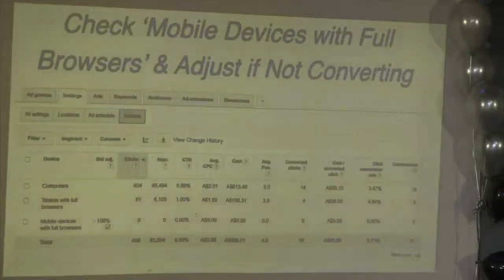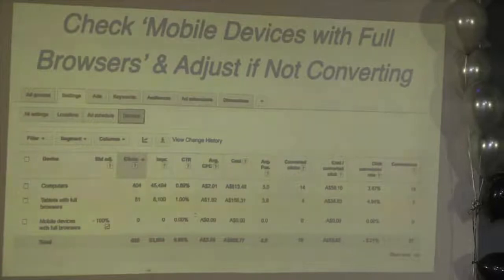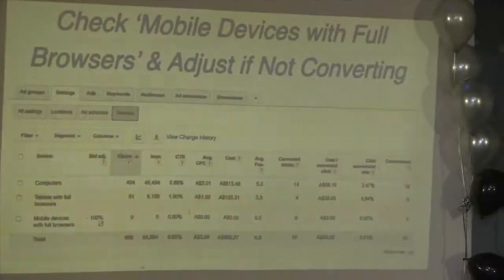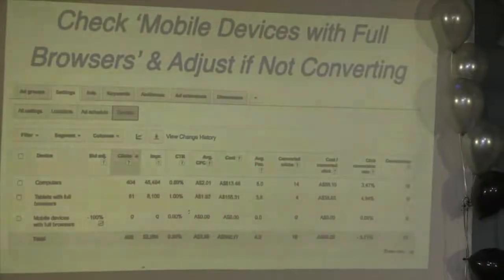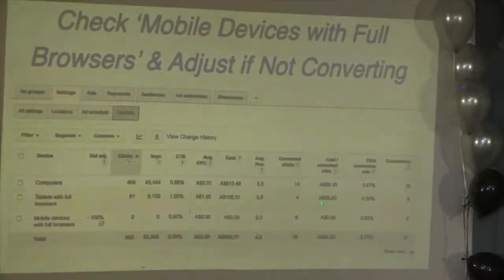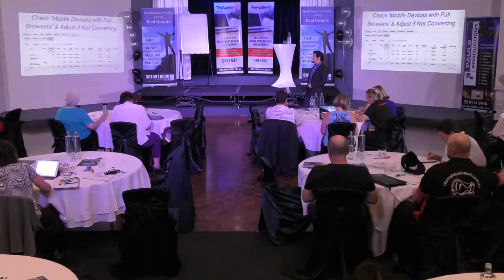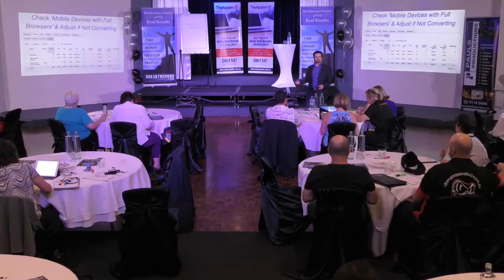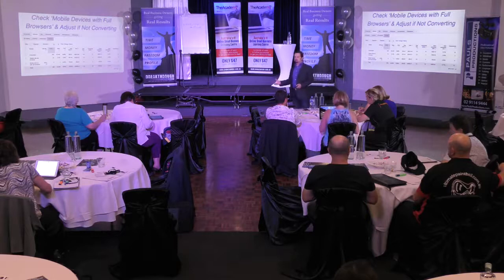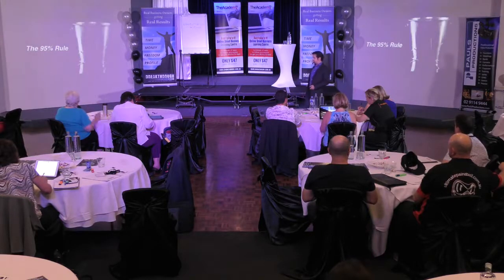That's one way of doing it. All this info is within Google AdWords: you can see what the cost per lead was for computers, for tablets, and for mobile devices, or cost per sale, and then prune whichever ones don't make sense.